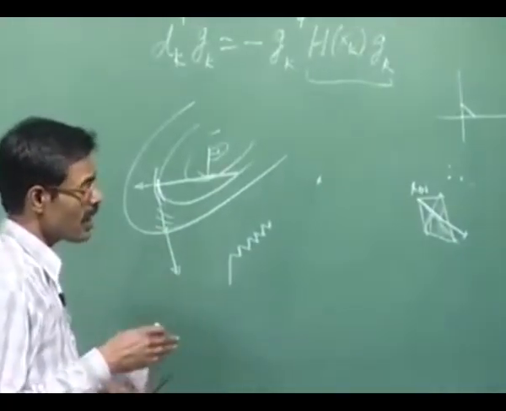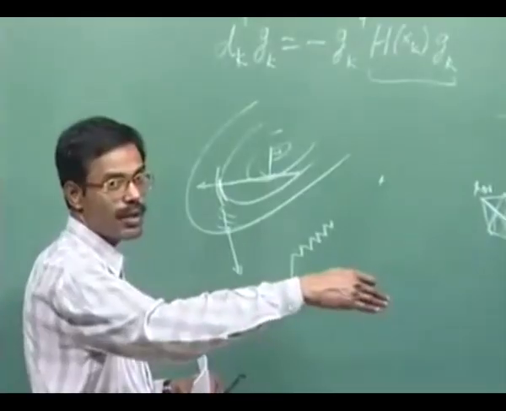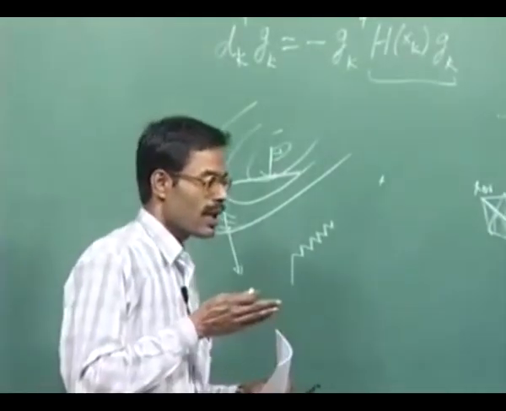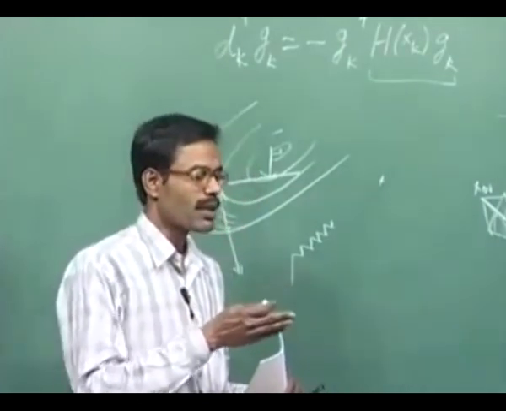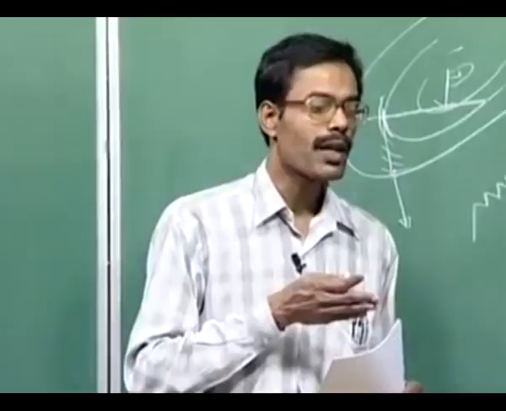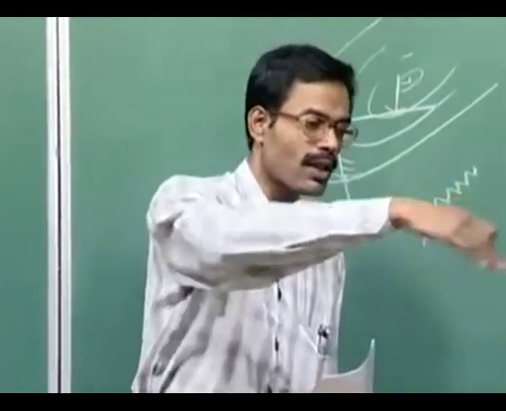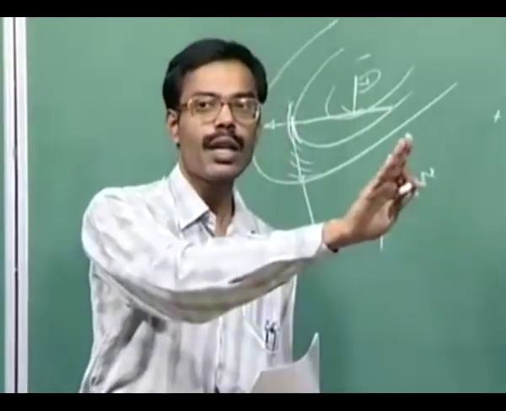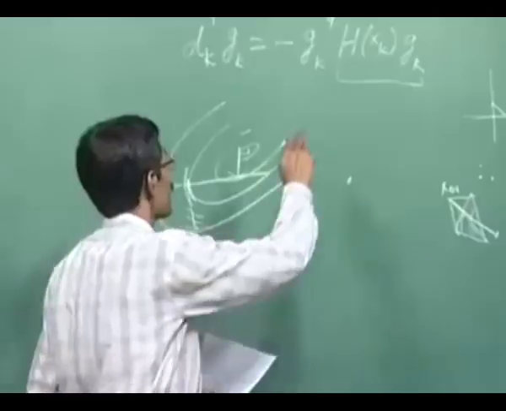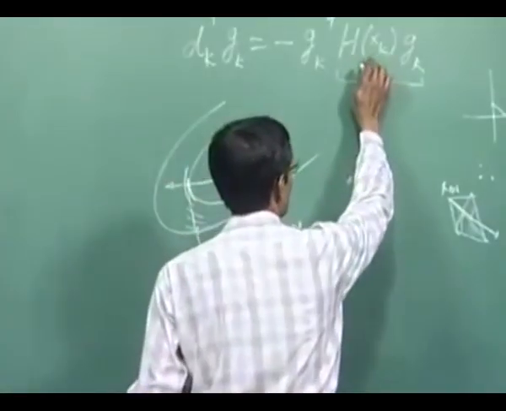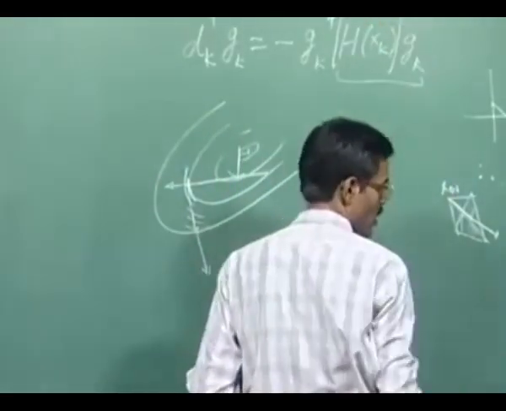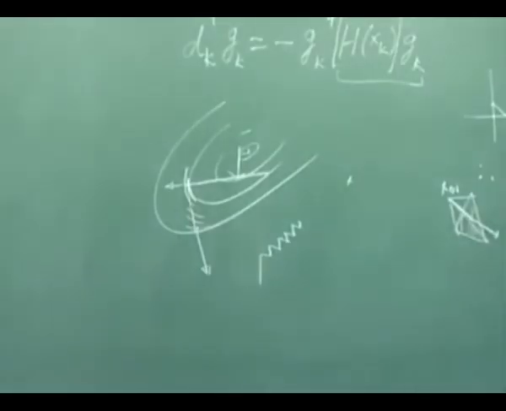Even that does not mean that the entire complete step of Newton's method will be a descent step, because the direction may be a descent direction. Along that direction the function value might start decreasing, but in the entire complete step in between it might start increasing again. So there are 2 points here.